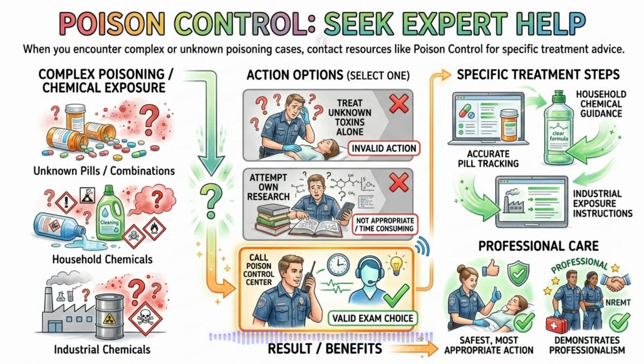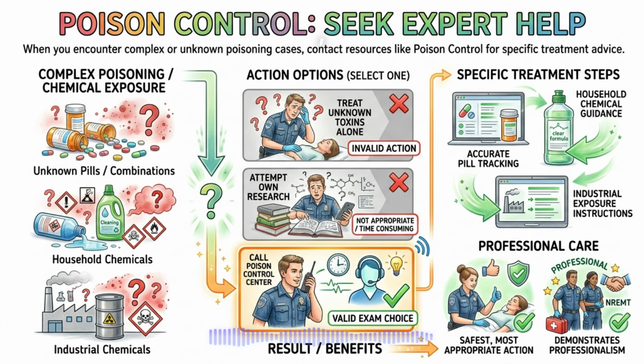When dealing with complex toxicology calls, you are not expected to know every poison and chemical on Earth. You have a powerful resource available by calling the Poison Control Center or contacting your online medical direction for guidance.